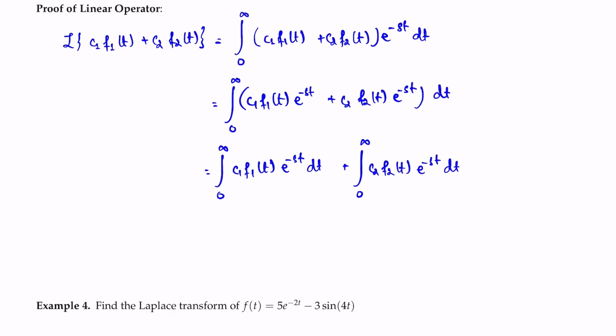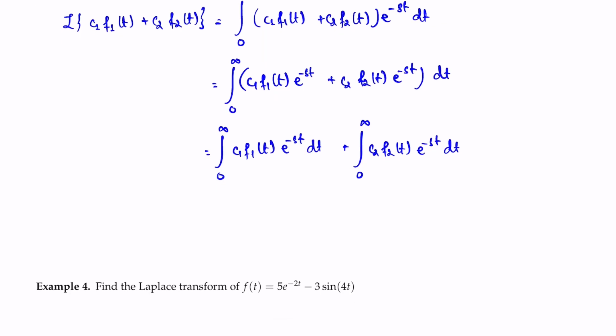Then remember, C1 and C2 are constant. So when you evaluate the integral, you can pull out the constant. Right? So C1 gets pulled out of the integral operation, and C2 gets pulled out of the integral operation. Then you get C1 times the improper integral from 0 to infinity of f1(t) e to the negative st dt plus C2 times the improper integral of f2(t) times e to the negative st dt.